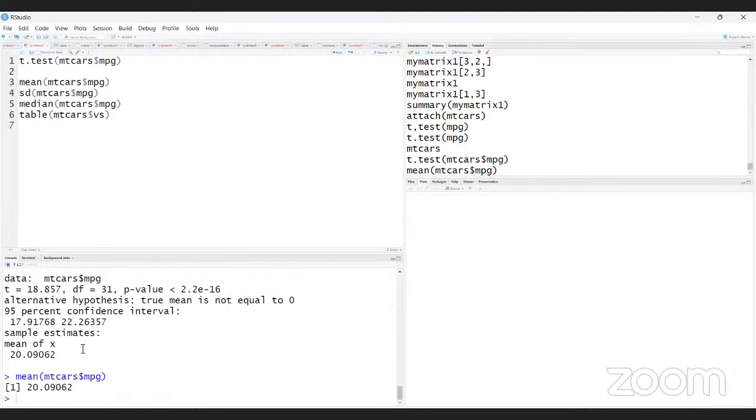And the mean is 20.09. Okay, and the mean falls within the range of 17.92 to 22.26. So this is the confidence interval. This is the 95% confidence interval.